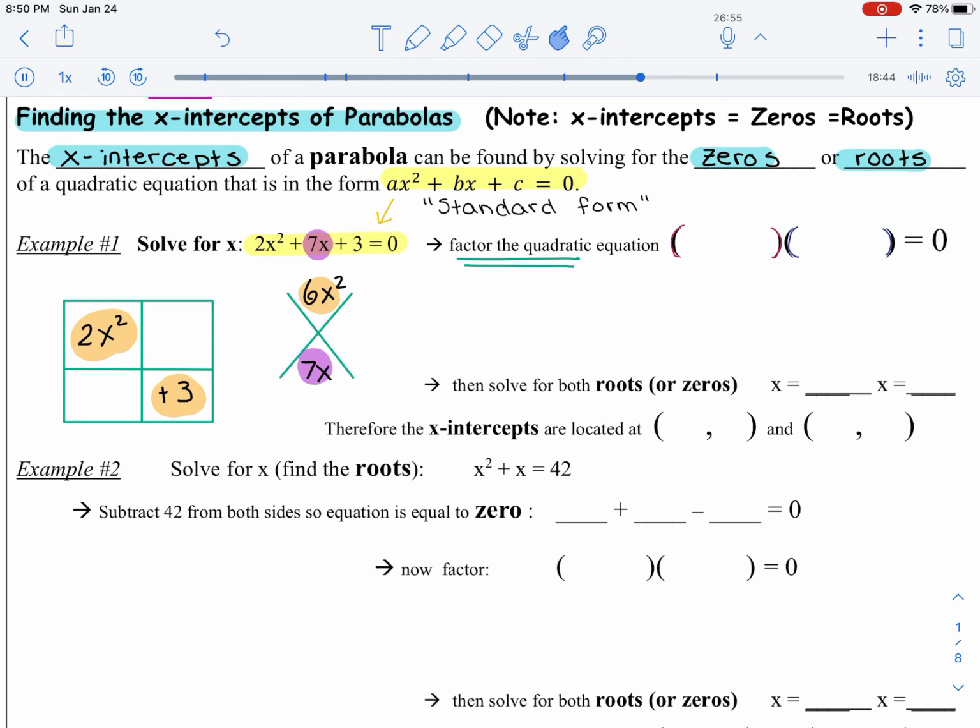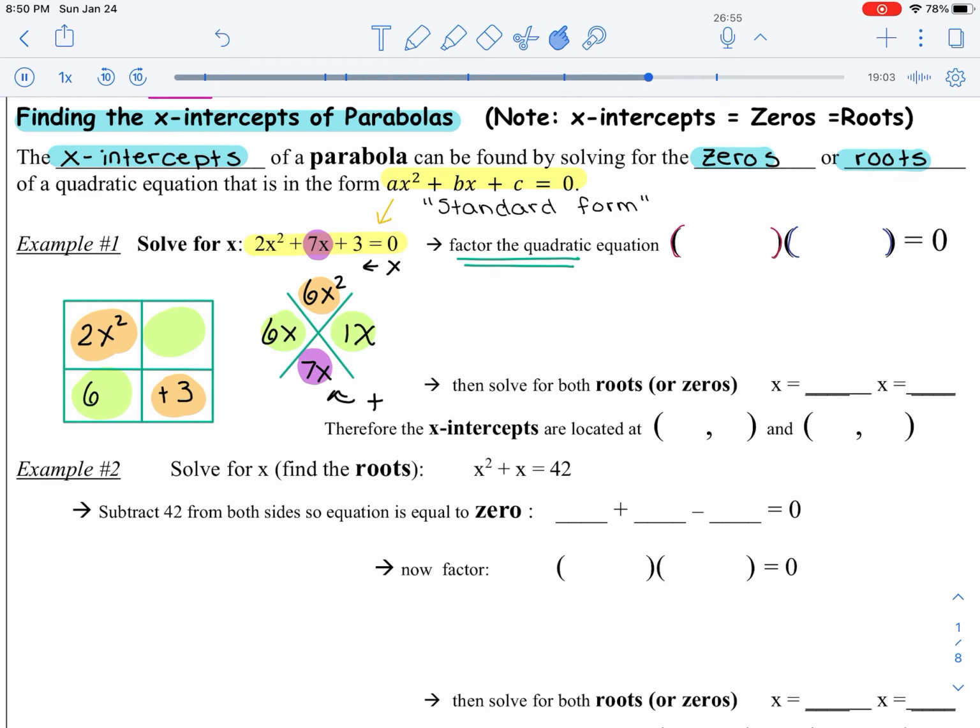Now I need to come up with two numbers or two terms that will multiply to 6x squared and they will add to 7x. That is 6x and 1x.